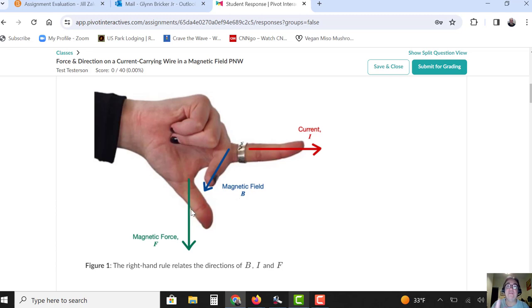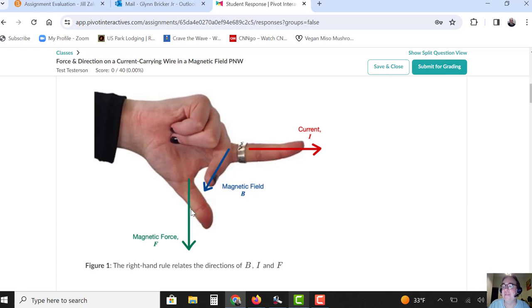Those are all perpendicular to each other. If you can see it, I've actually written I on my pointer finger, B on the magnetic field finger, and then F on my thumb. That's the direction of the force. So these are all perpendicular to each other. The force is perpendicular to I, is perpendicular to B, is perpendicular to the force.